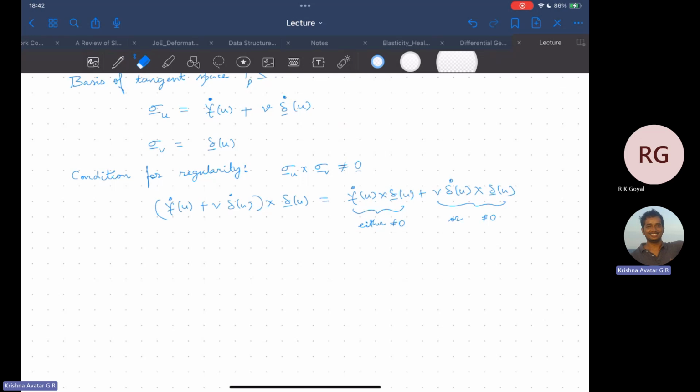Of course, they will not be exactly equal to the same, but these are the conditions for it not to be regular, and we'll deconstruct it later, because once we study curvatures and all, then we can go further deep into what we are trying to discuss here.